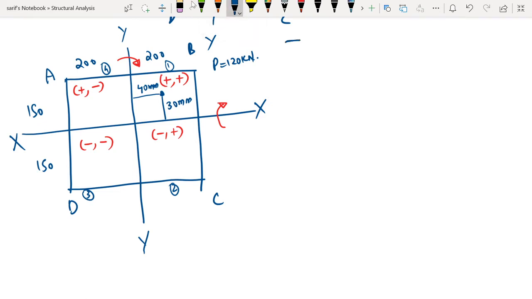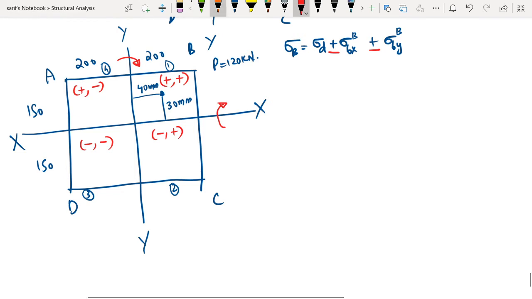The stress at the point B will be equal to the direct stress plus the bending stress at B, let us call it sigma B, due to moment about the x direction at the point B, plus bending stress due to moment about the y-axis at the point B. What we have to notice is these two plus signs are coming in the equation because we are having two pluses here.